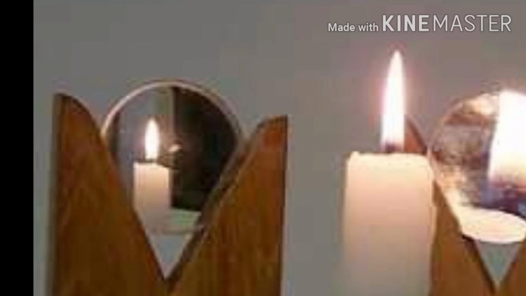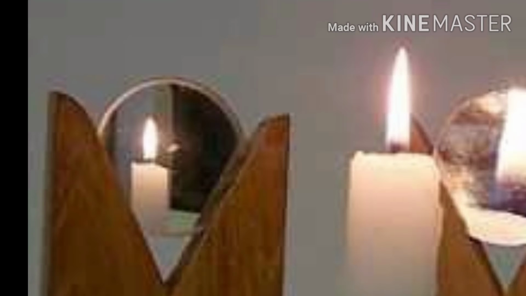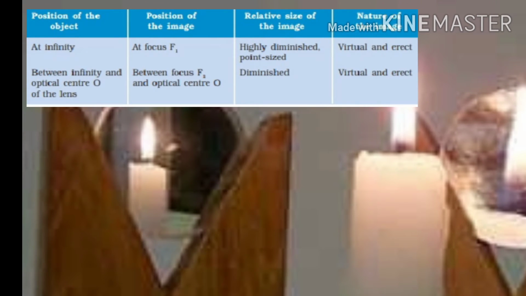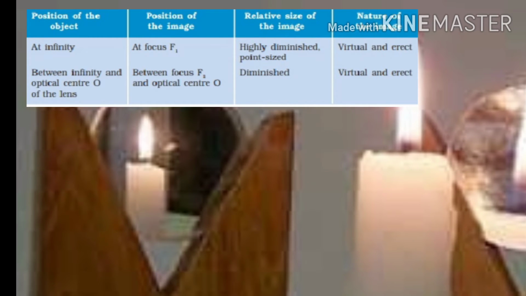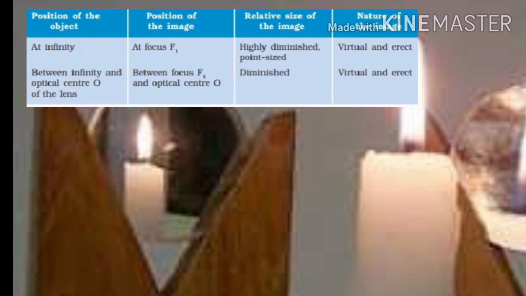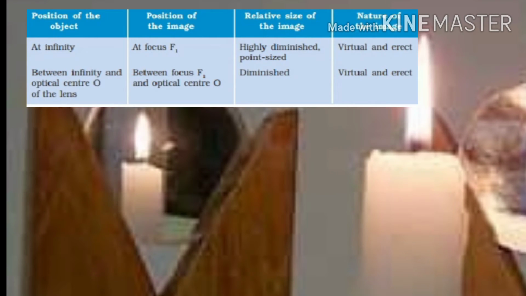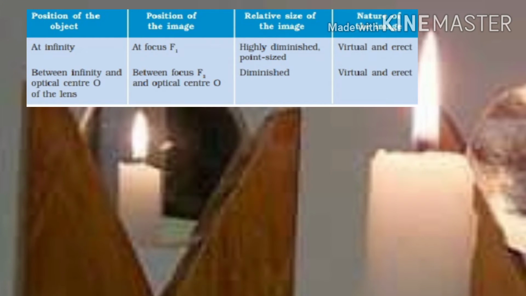If we perform a similar activity with a concave lens, and we place the object at infinity, the image formed will be at f1, and the relative size of the image will be highly diminished and point size, and the image will not be formed on the screen, that is, the image can be seen on the lens, that is virtual and erect.